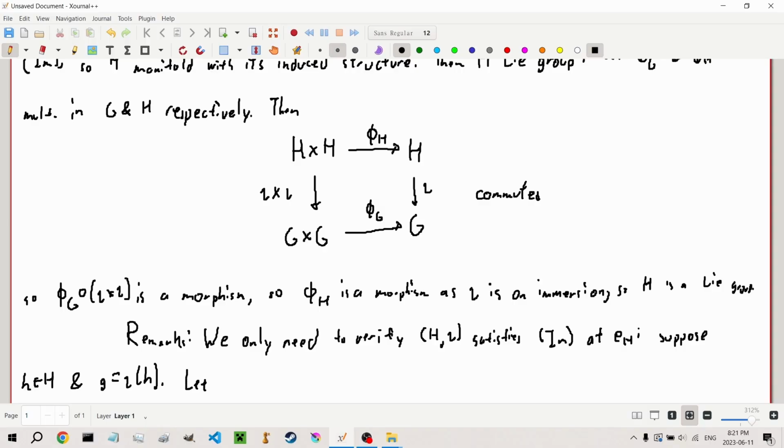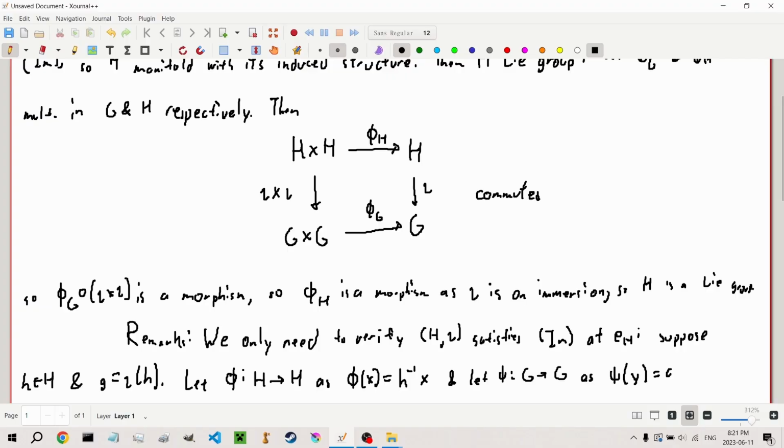We're going to define phi to be left multiplication in H by the inverse of our chosen element h. And we're going to let C be the map from G to G, right multiplication in G by g.